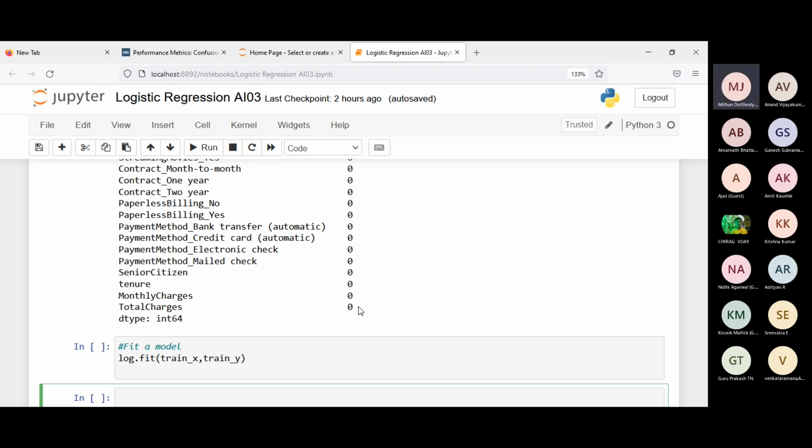Now, what is the guarantee that means in this? Okay, sir, all good. Yeah, okay.